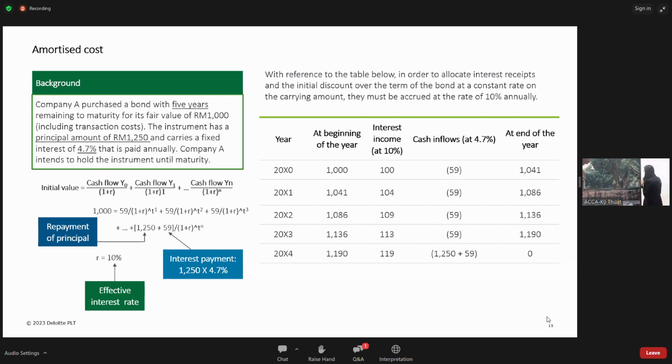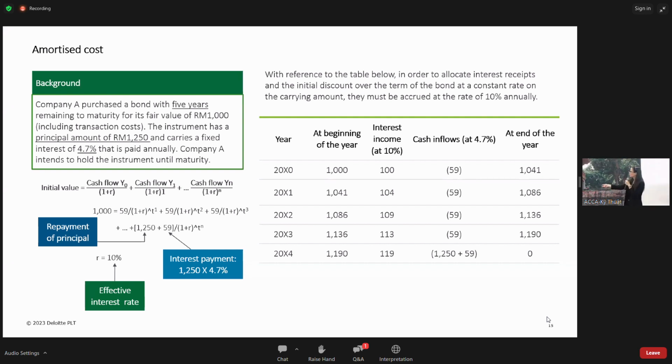Okay. Company A intends to hold the instrument until maturity. Okay, so if I were to present it in a formula base to determine what would be the opening present value figure and how it would zero out at the end of the 5-year tenure, this is the formula. My initial value is equivalent to the cash flow of each year, divided by 1 plus the rate, the rate being the effective interest rate.